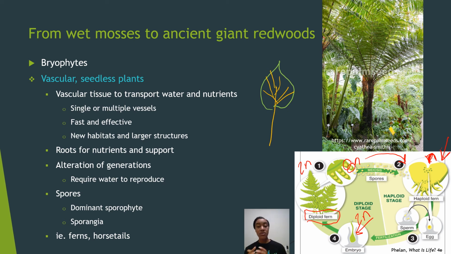And that gametophyte fern will produce sperm and egg. The sperm swim to the egg using water to undergo fertilization, and that zygote and embryo that results from fertilization becomes another fern as we know it. I know this process can be a little bit confusing, so going through it a couple times, you'll start to get the idea of what's happening here.